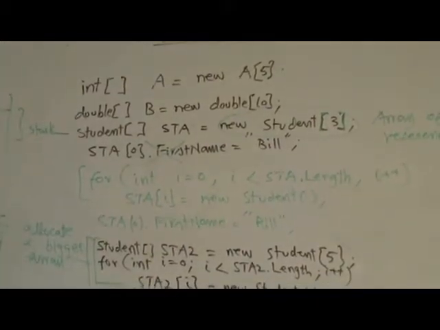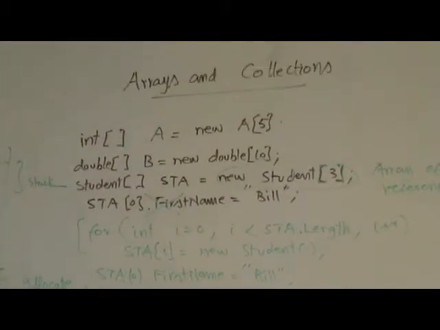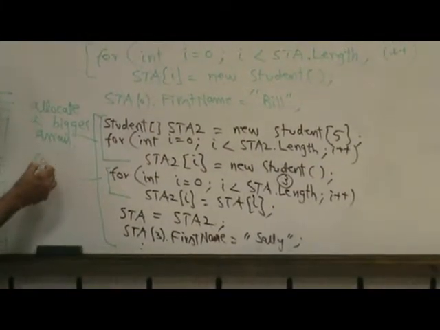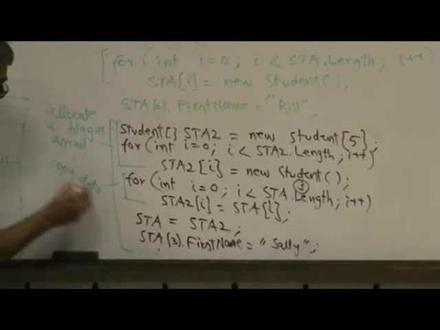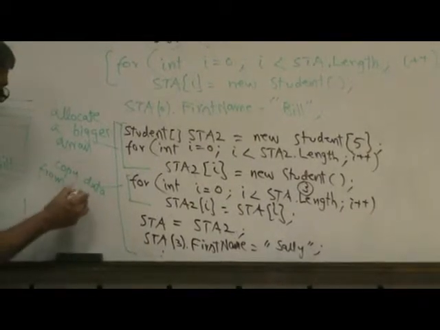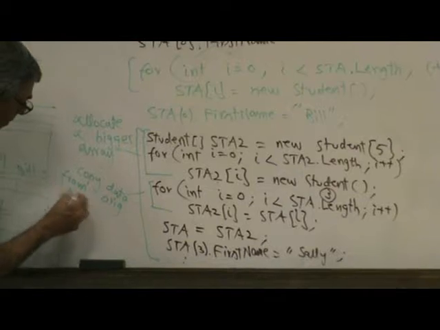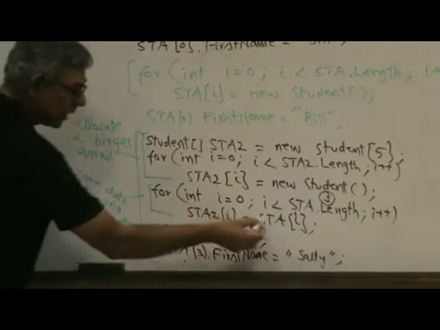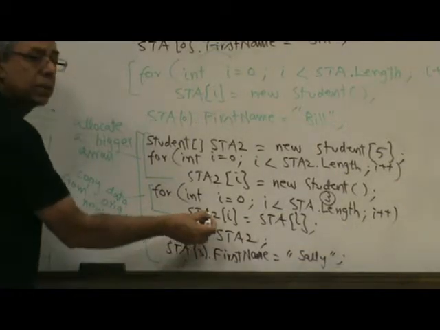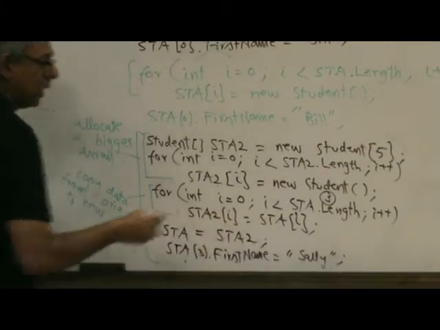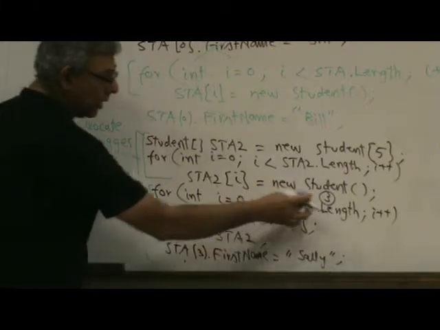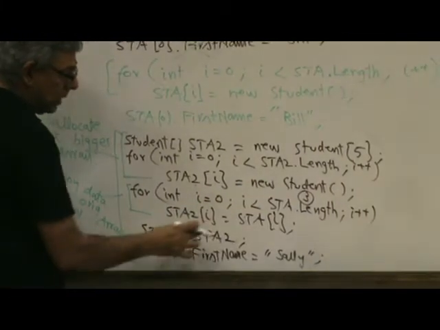Once we allocate a bigger array, what is this part doing over here? Copy data from the original to the new array, correct? Original was sta, new is sta2, so we are copying data one by one into the new array, right? Once we have copied the existing 3 students, this loop will go 3 times.